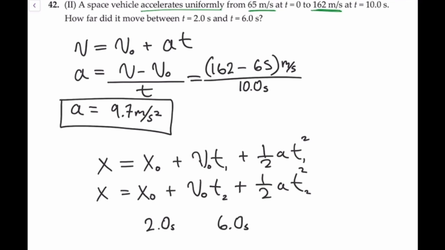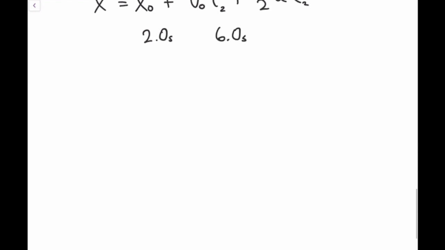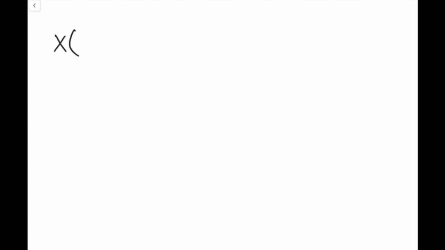I'm going to combine them to solve for the displacement quickly. This is the final equation, the equation with the greater time, so it has 6.0 seconds. In order to get the displacement, we subtract the equation with the lesser time, 2.0 seconds, from the equation with the greater time. This is how we're going to get the displacement.